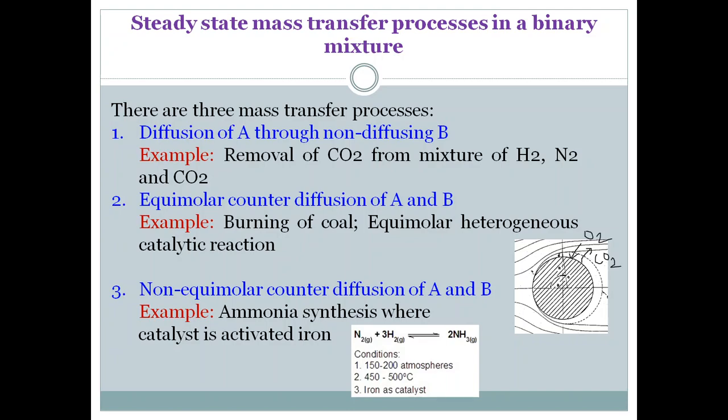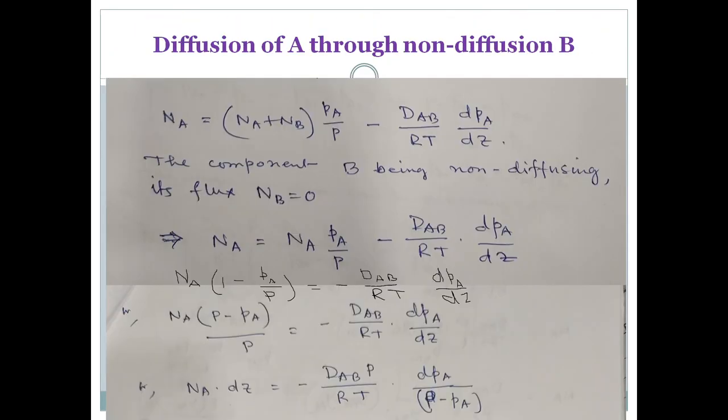Now we will calculate the mass molar flux for these 3 systems. First one is diffusion of A through non-diffusing B. NA equals (NA plus NB) PA by P minus DAB by RT into dPA by dZ.